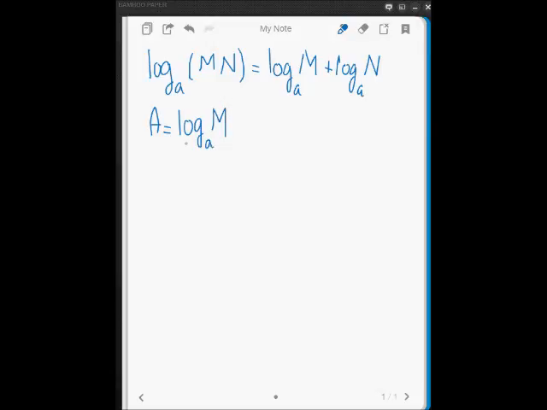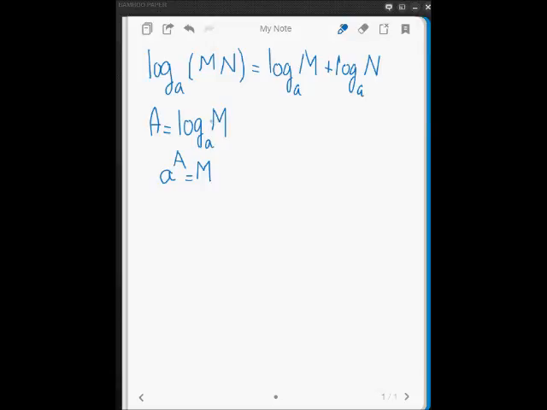If that's true, then a to the power of capital A has to equal m. Is that fair to say? Yes. By definition, a to this exponent is the number we're looking for.